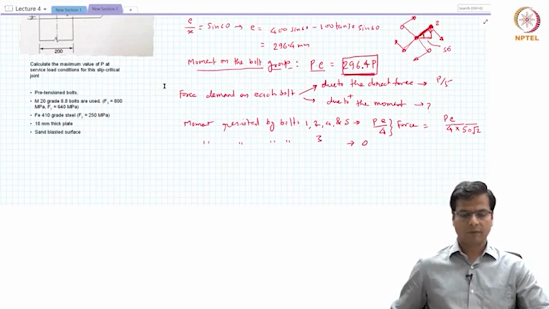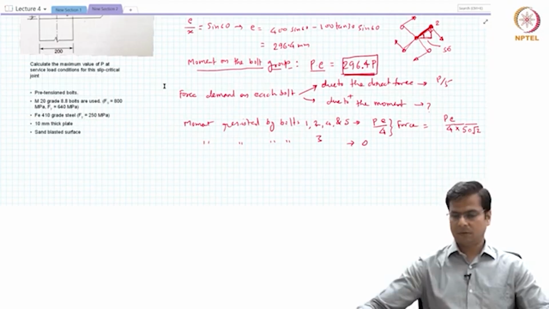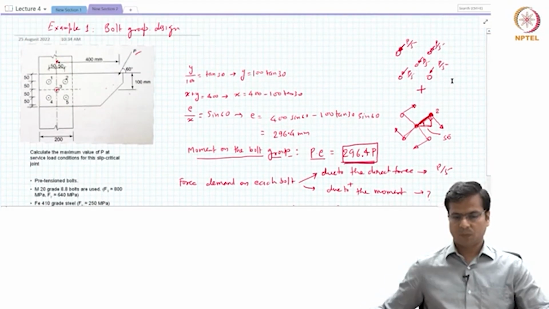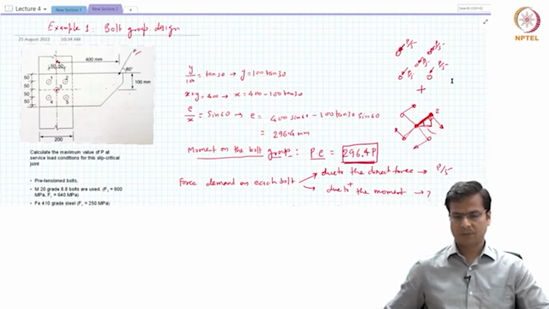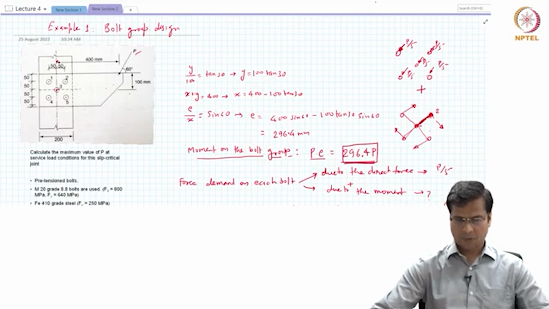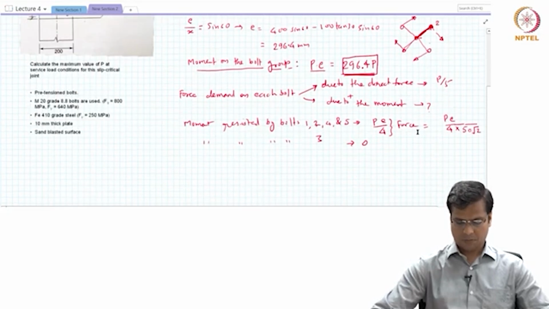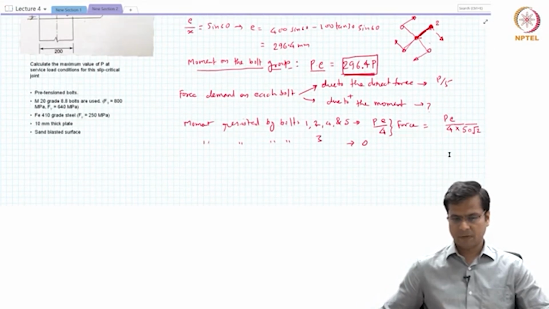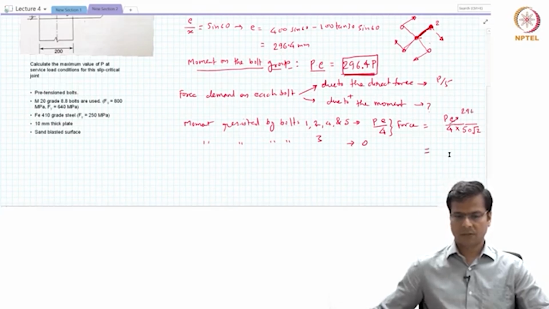Now we can substitute the value of E, which is 296.4, and calculate this value. It turns out to be 1.048 times P.